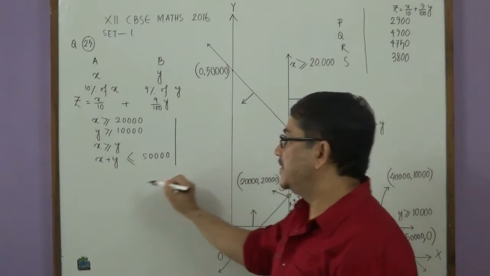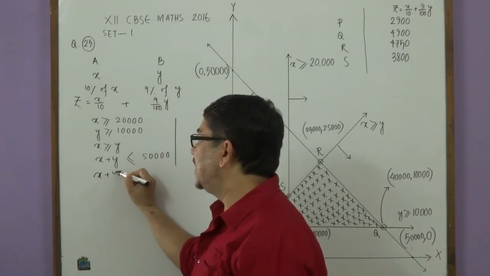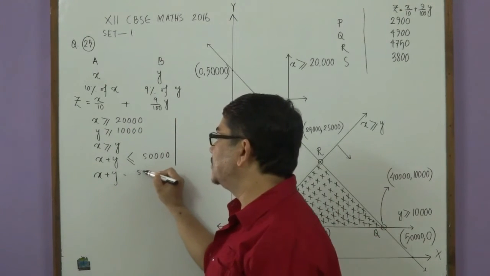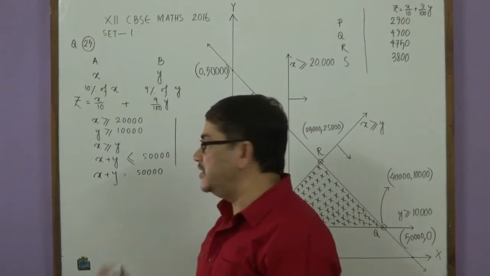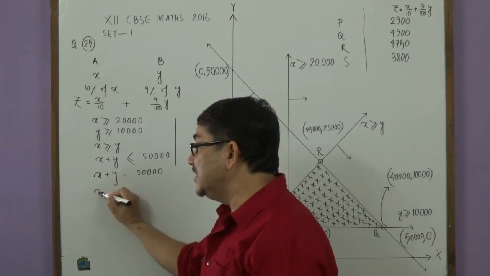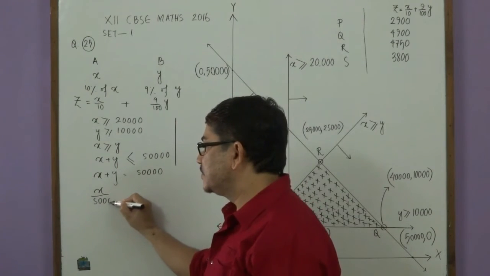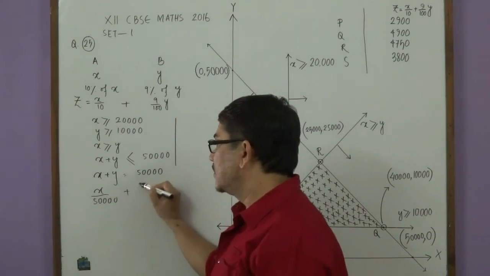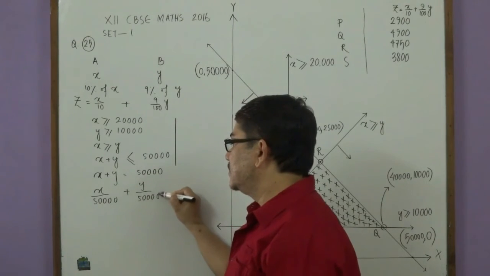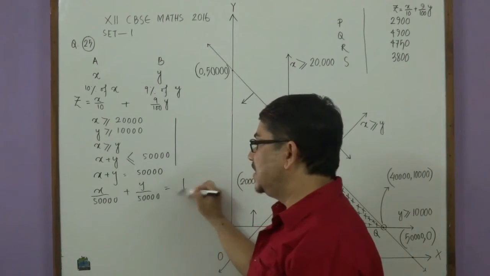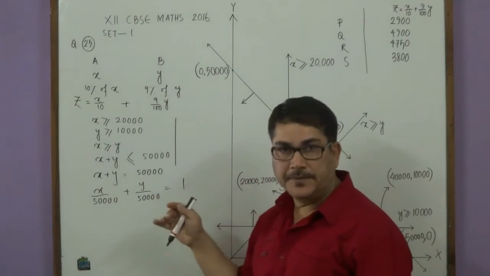Then come to the last one, X plus Y is less than or equal to 50,000. How to draw the graph? As you learned in 11th, first we take X plus Y equal to 50,000. There are different ways. One way is, if we divide both sides by 50,000, the right hand side becomes 1, x upon a plus y upon b equal to 1, the intercept form of the line.